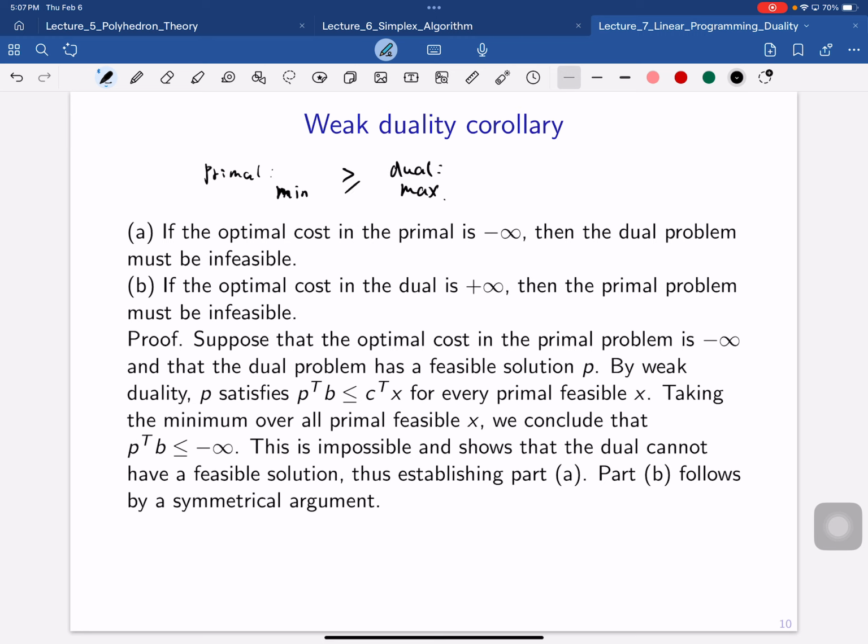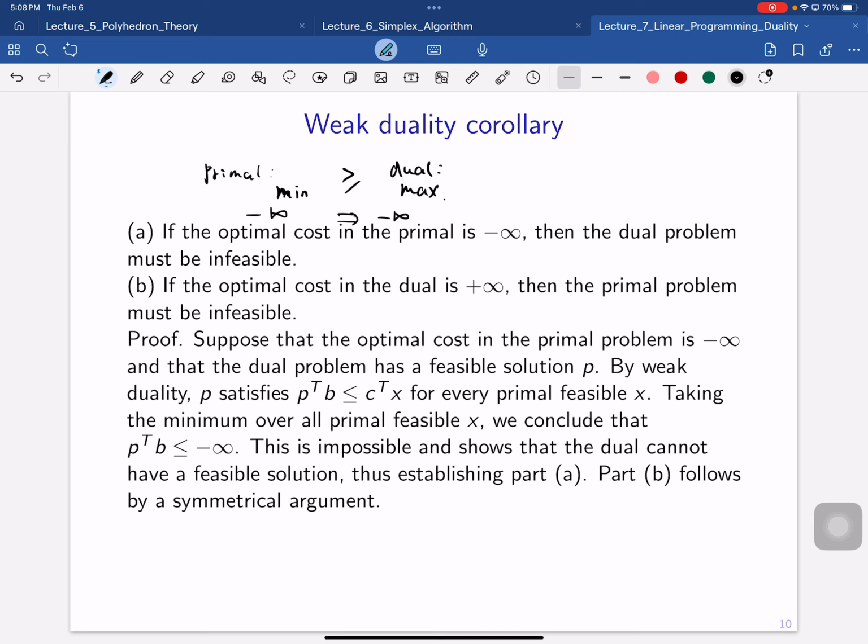So if the cost in the primal is minus infinity, then since the dual is a lower bound of the primal, the dual objective must also be minus infinity. So what does a maximization problem's objective being minus infinity mean?